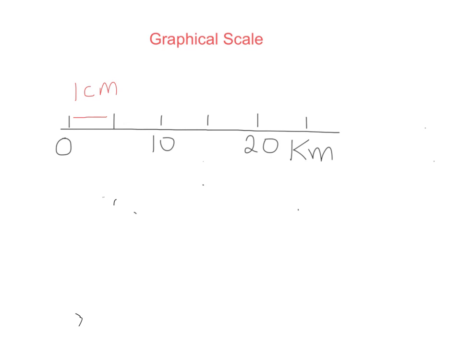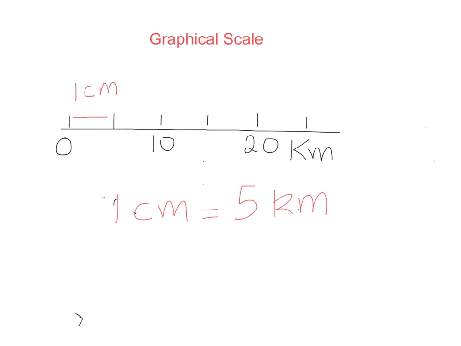So you know that 1 centimeter is going to be the same as 5 kilometers in real life. Now that is your explicit scale, and all you have to do now is the conversion to ratio.